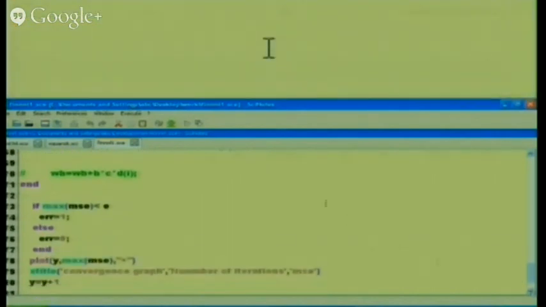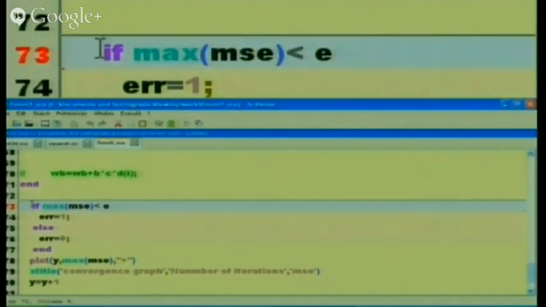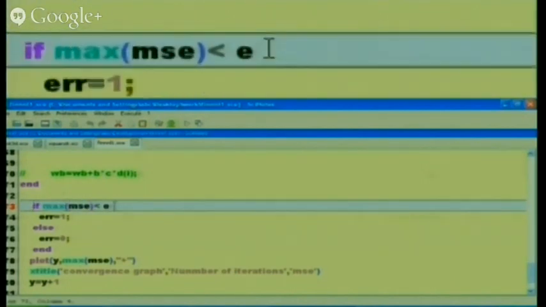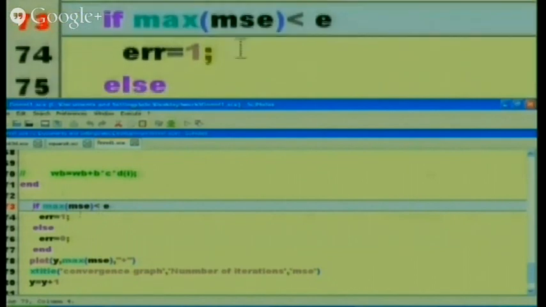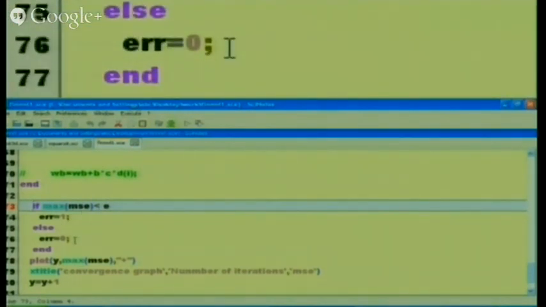Now we have calculated outputs in the forward direction, we have calculated the delta, we have back propagated the delta, and we have also updated the weights. Now finally, what we are checking is the condition. If the maximum of MSE is less than E, then error is set equal to 1, else error equal to 0.